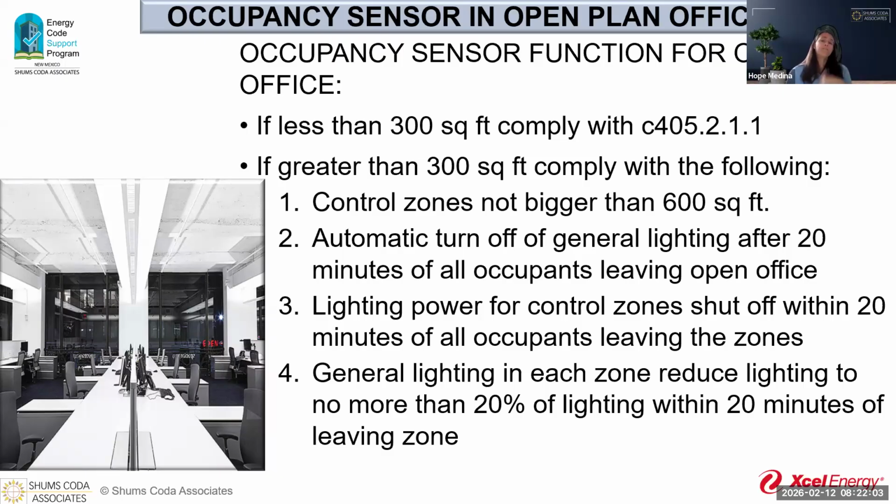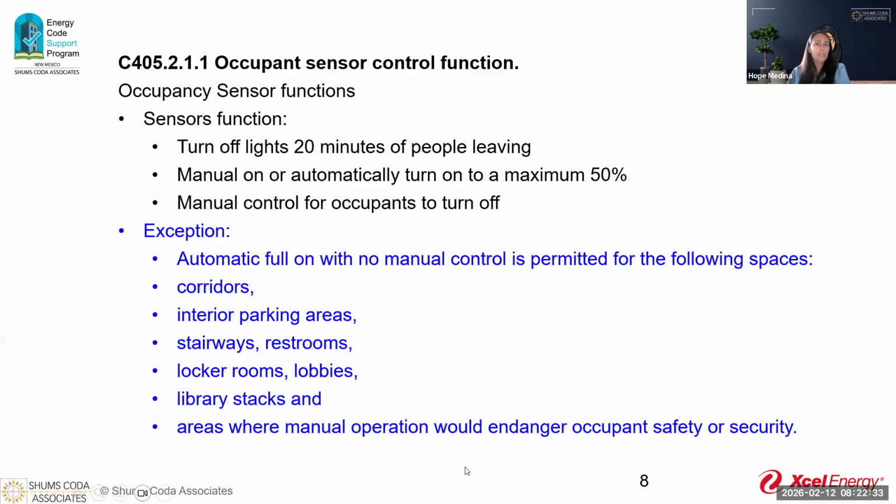Okay. So in this particular instance, when they're talking about that 50% reduction concept, they're not stating, or they're not allowing, the use of the dimmer switch. That light reduction requirement is in a different section. In this particular instance, they're saying that it has to be an automatic adjustment, unless what they are referring to is here where it talks about a manual on or automatically turns on.